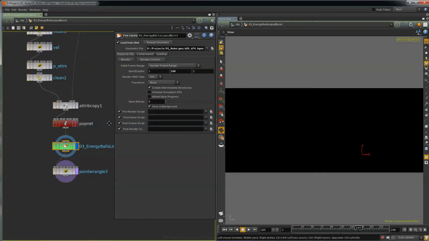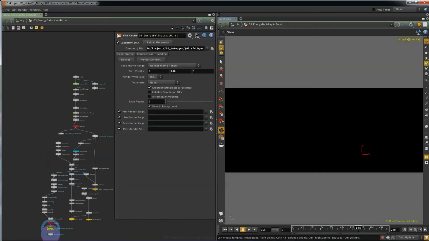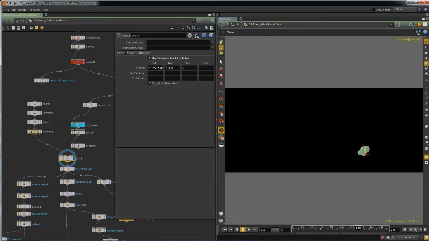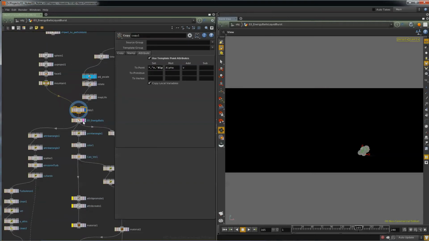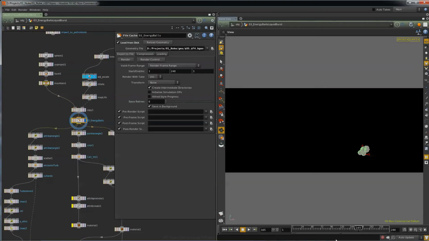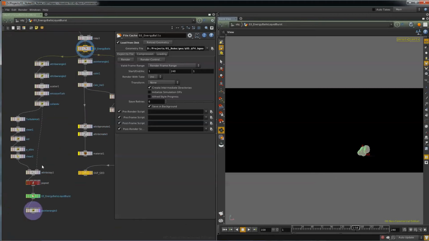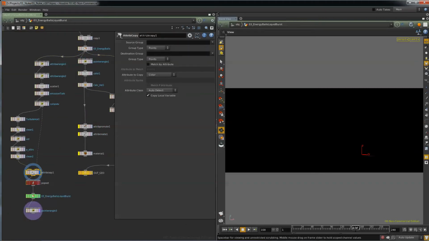Okay, so here is the file, and what I do is I basically take the energy balls and copy it. So again, it's derived off of what I've done previously. Let's see here. Is it because I have scattered points? Oh, yeah, there we go.